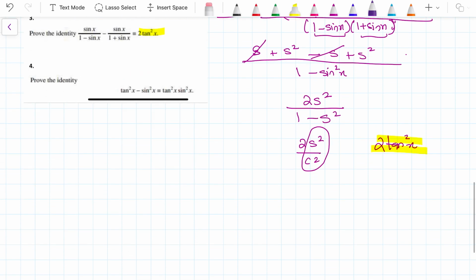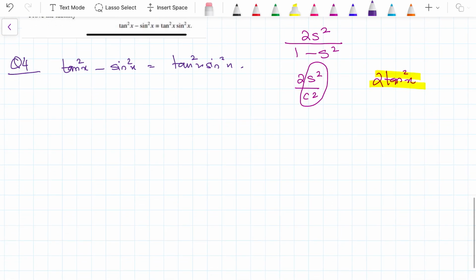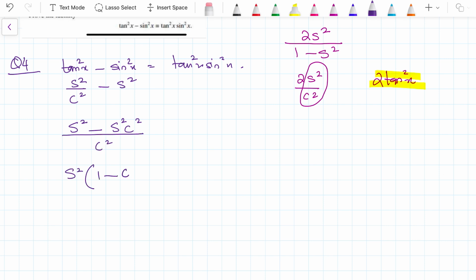Let's do the 4th question now. Tan square x minus sine square x equals tan square x sine square x. So first thing is we need to simplify and write tan square as sine square upon cos square. Let's take the LCM. Let's take sine square common out.